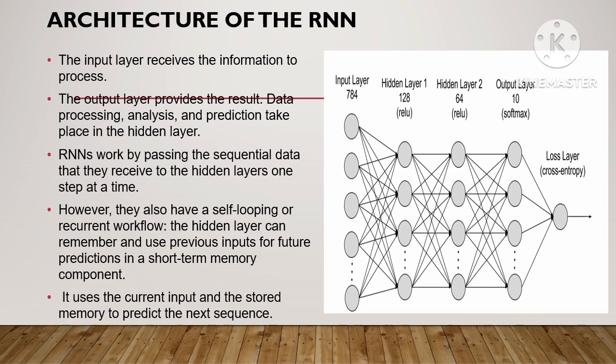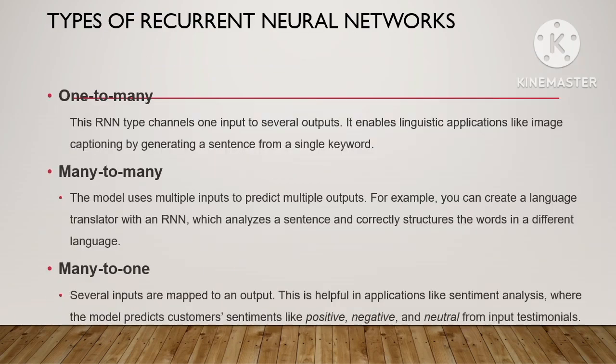That is where it's very useful in language, like generating text, because it can generate patterns of text. Because of that short-term memory feature, it is able to predict the next sequence.